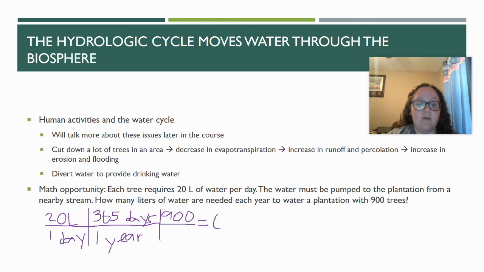At any rate, I will need 6.57 times 10 to the 6, so about 6.5 million liters of water per year. There we go.